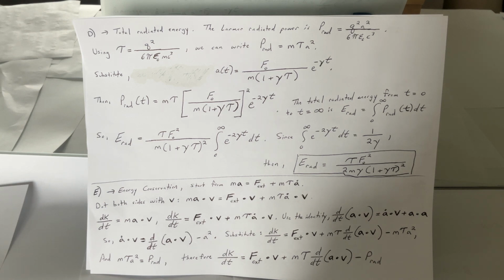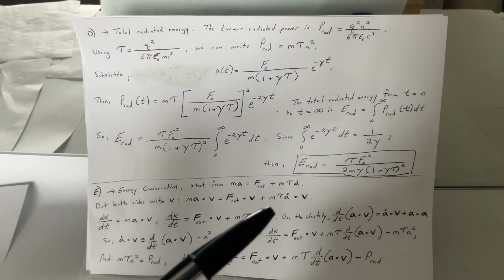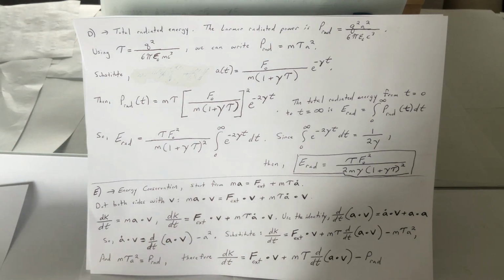For letter E, starting from the equation of motion, derive the energy conservation law. Show explicitly that external work is partitioned into mechanical energy, radiated electromagnetic energy, and near-field shot energy. Identify the shot energy term. So for energy conservation, we start from m a equals F_ext plus m tau a dot.